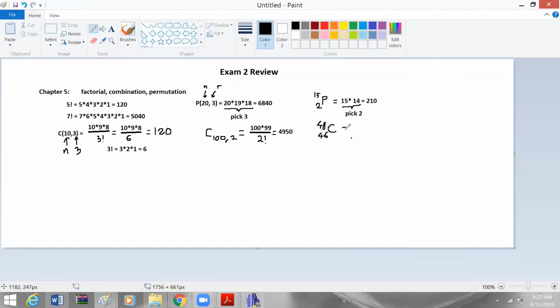That will be a little different. We can't just do so many factors for that part. So all we need to do in this case is take 48 minus 46, and that will be 2. So we subtract, and you're going to get 2.